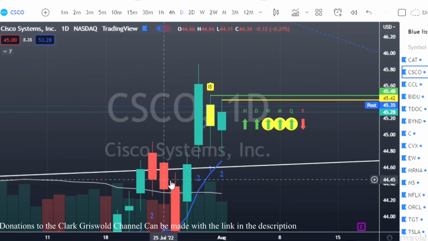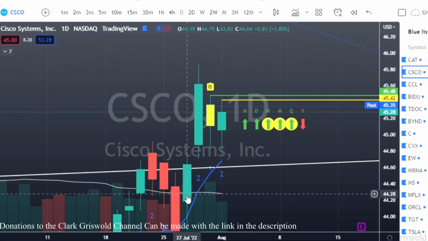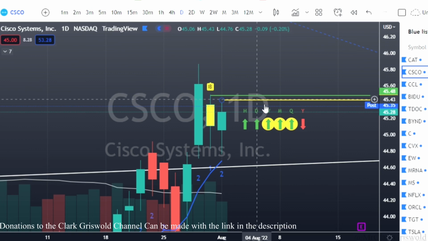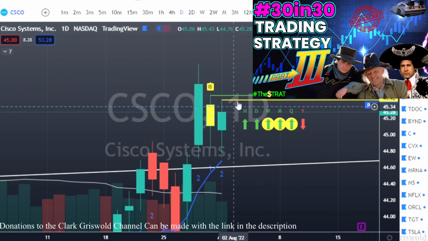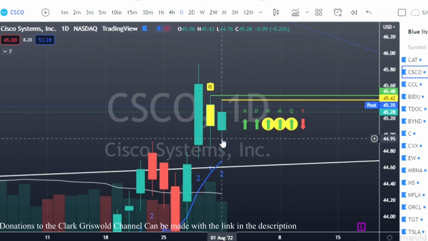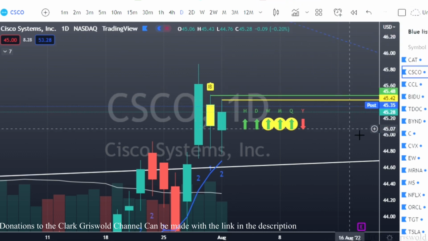We have one right here, a 2-2 reversal off of here, red candle, and then a 2 up. This can be green or red. The color doesn't matter. But the fact that it is green gives me a higher probability that it has a possibility to trend to the upside as a continuation, okay? So 2 down, 2 up through this trigger at 45.42.